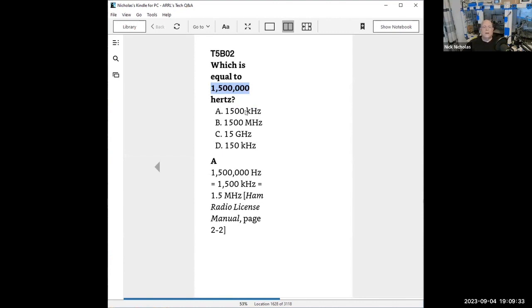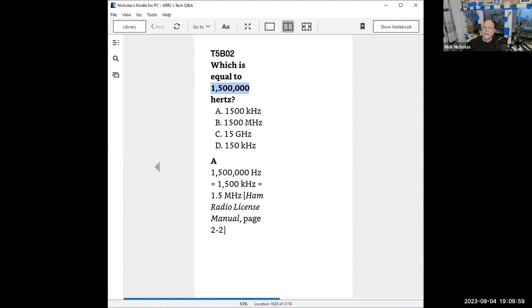And if we went to gigahertz, you divide again by 1,000 more. So if a kilohertz is 1,000 hertz, and you wanted to know how many kilohertz this is, you divide by 1,000. If you divide by another 1,000, you'll find out how many megahertz it is.